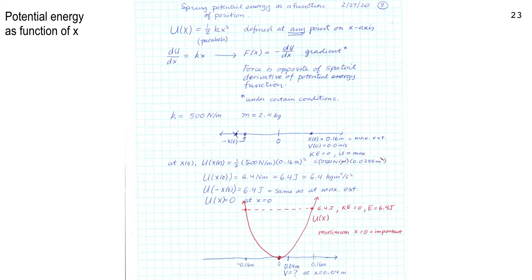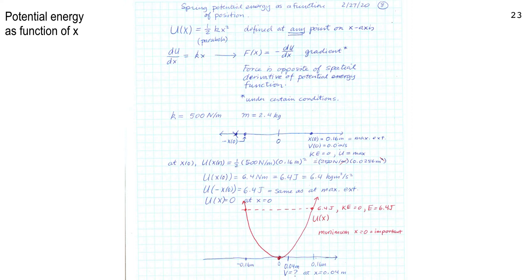Now, that is true at every other point, including 0.04 meters. So we haven't figured out the speed yet, but we're going to. Now, this stuff here is equal to kinetic plus potential.